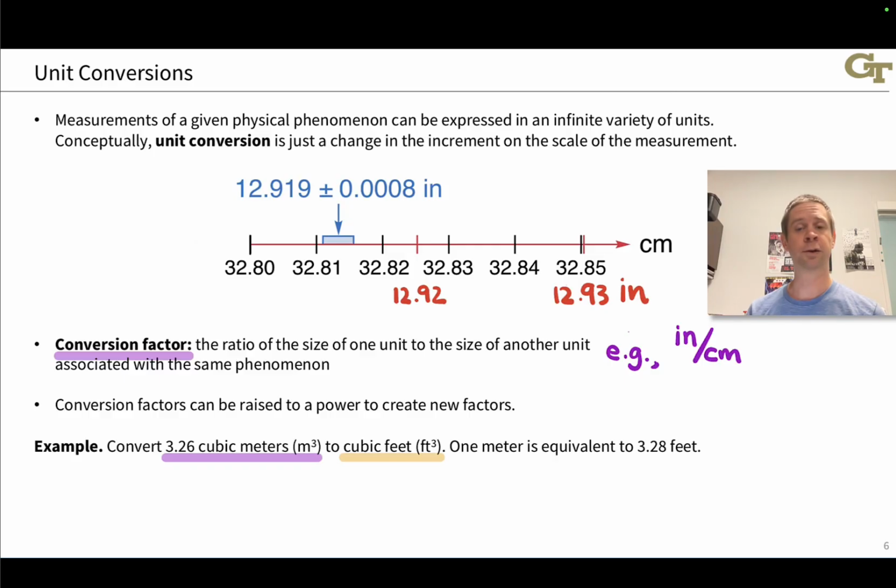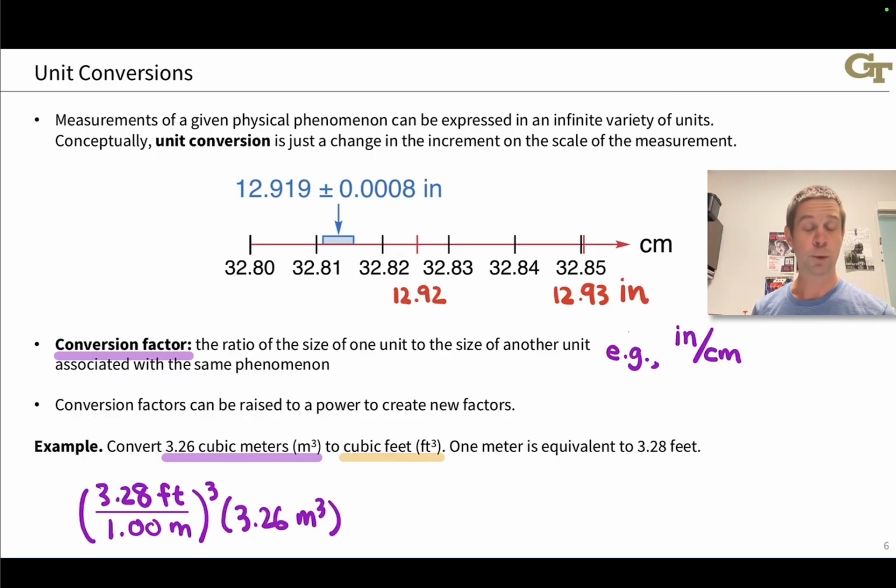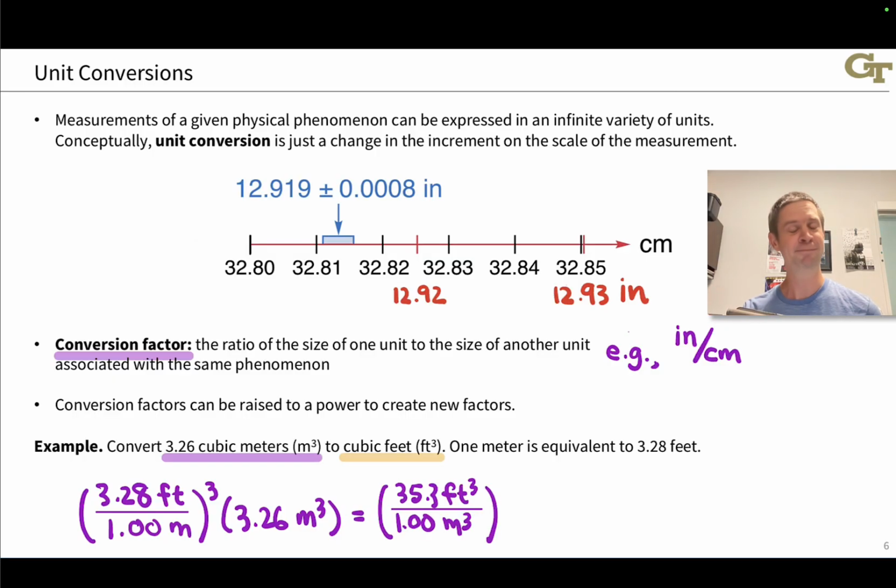But what we can do is start with this conversion factor of 3.28 feet for every 1 meter, and just cube it, raise everything to the third power, to generate a new conversion factor that's going to be feet cubed per meter cubed. And this comes out to 35.3 feet cubed per meter cubed.